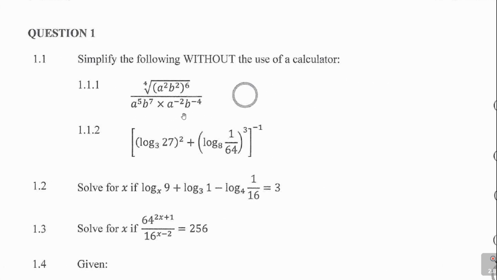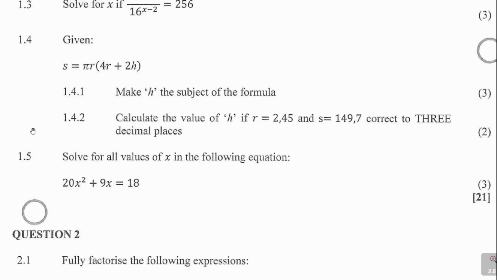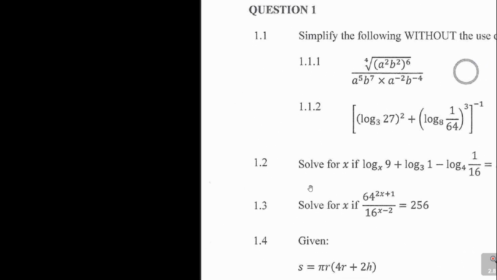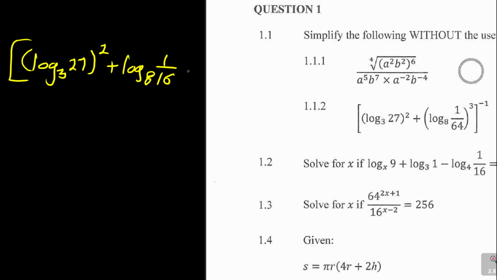Simplify again without a calculator. You're given this part of logs. Now let me erase that and come back to this one. Logs again is not really complicated, you just need to know what you're doing. So here we have bracket log in base 3 of 27 squared plus log in base 8 of 1 over 64.